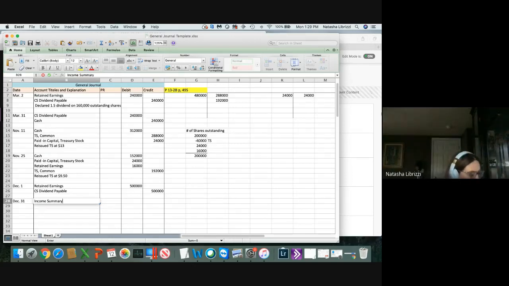I know already I'm going to need retained earnings. So either in Connect or your workbook might not have T accounts. I love T accounts and I set them up on the side like I did here. This way I know what's going on. So that's kind of a little tool for you.